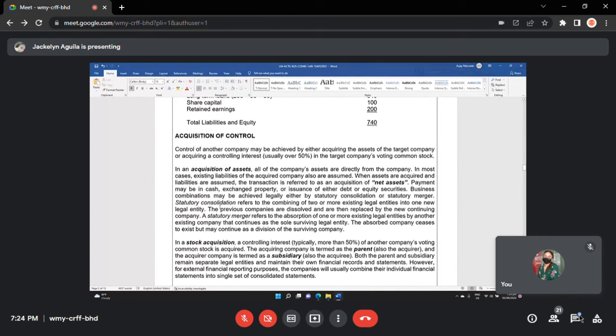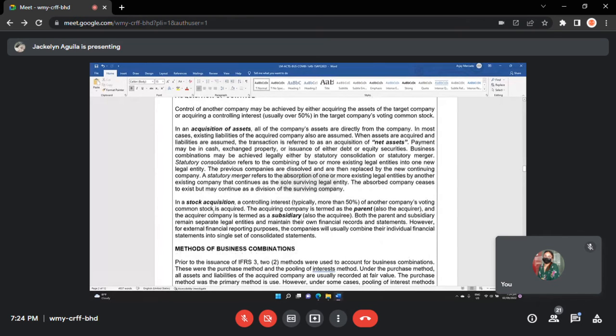Business combination may be achieved legally either by statutory consolidation or statutory merger. Statutory consolidation refers to the combining of two or more existing legal entities into one new legal entity. The previous companies are dissolved and are then replaced by a new continuing company.